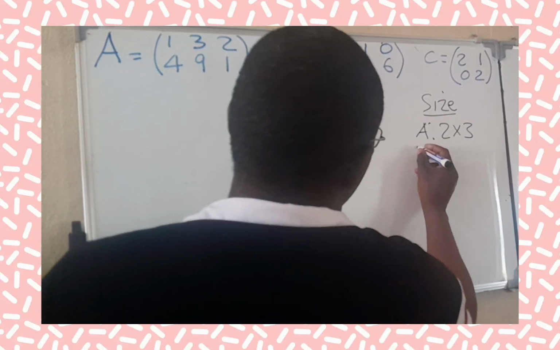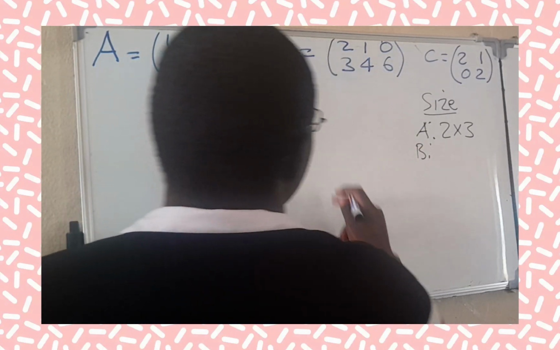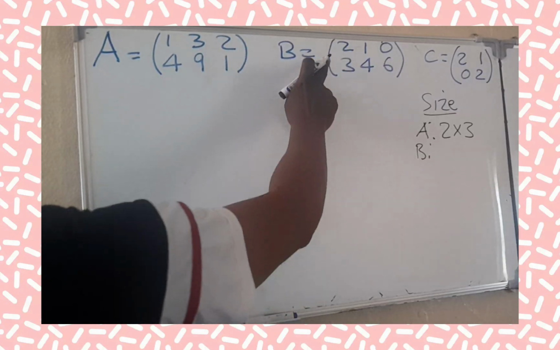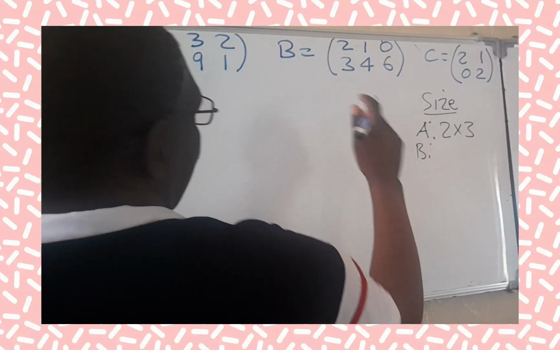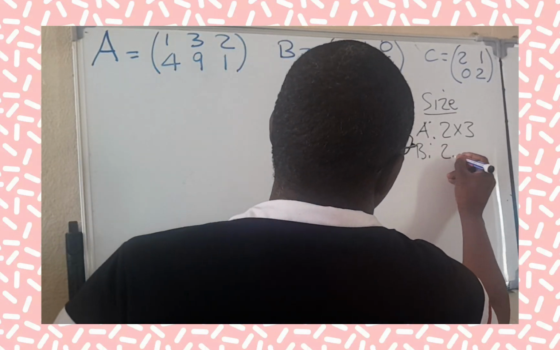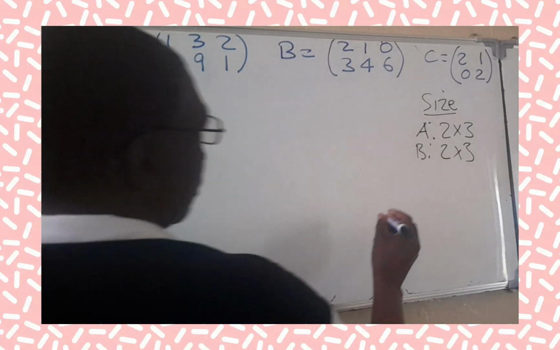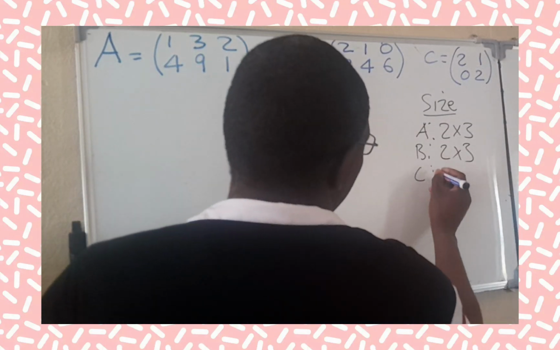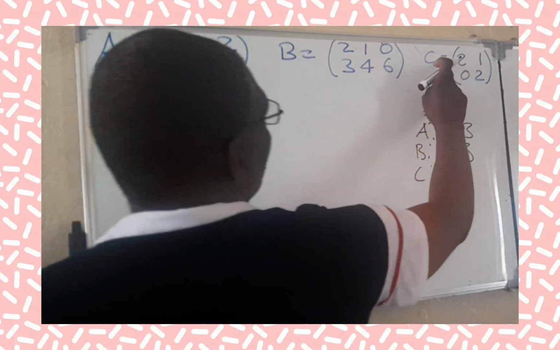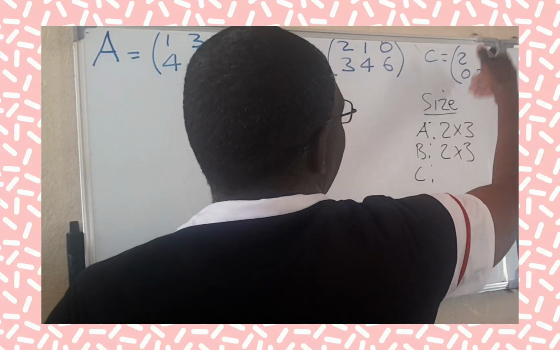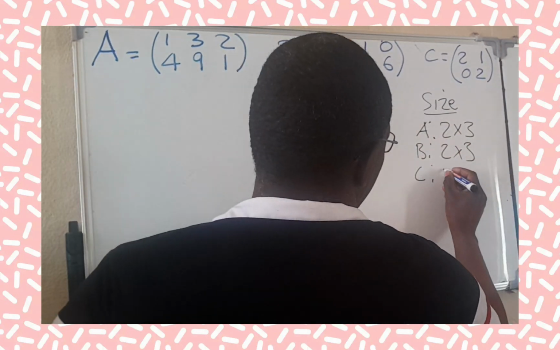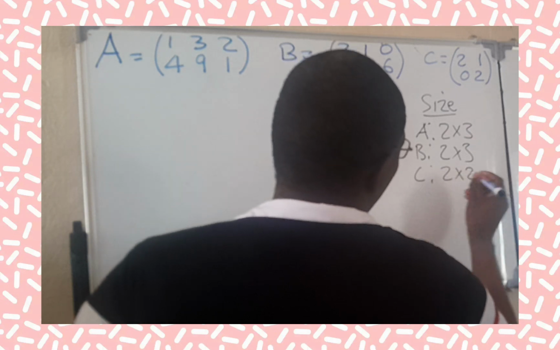Matrix B is very similar to A. It is the same size as A because it has 2 rows and 3 columns. So B is also a 2 by 3 matrix. What about matrix C? Matrix C has 2 rows and 2 columns, so it's a 2 by 2 matrix.